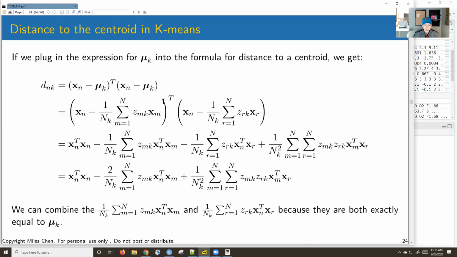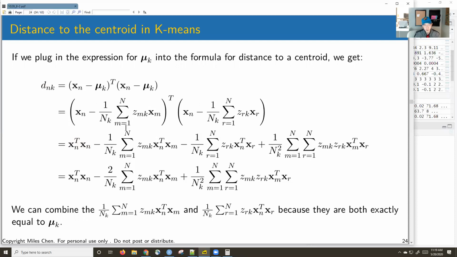So if I do this, I get xn, and I distribute the transpose, and I FOIL: first terms, then outer terms, then inner terms, and then last terms, okay? The first terms become xn transpose xn.